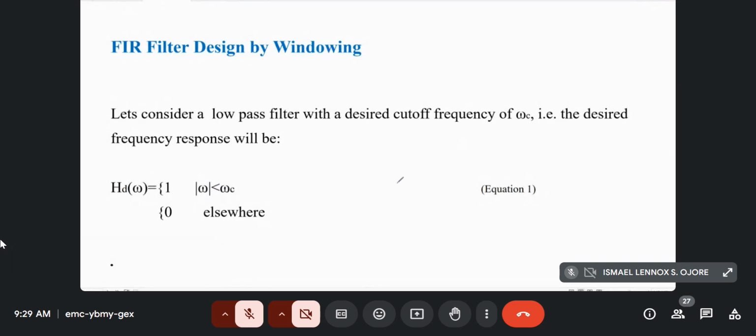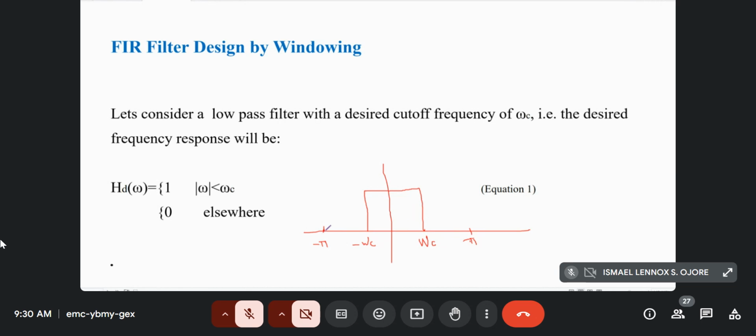So what we are talking about is a filter which looks like this, from minus omega c to omega c, and this is from minus pi to pi.